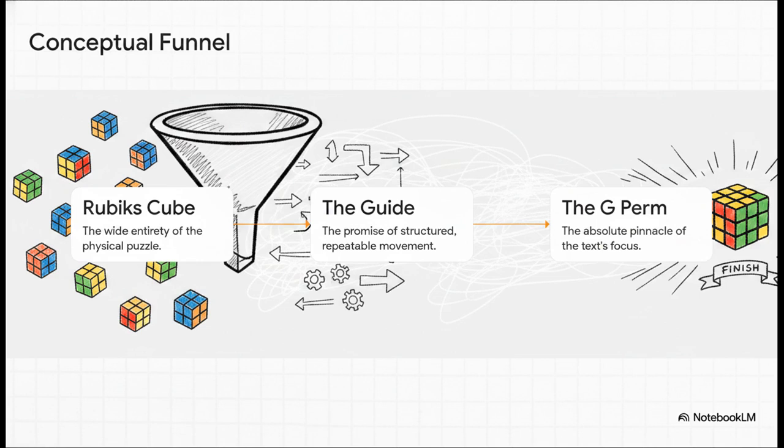Then, in Step 2, we apply the lens of the algorithmic guide. You know, that promise of a structured, repeatable movement. And finally, Step 3, we arrive at the absolute pinnacle of this text's focus, the G-perm. The author is essentially taking us by the hand and walking us rapidly down this funnel of complexity, cutting through all the unnecessary noise of those first two layers, straight to the finish line.